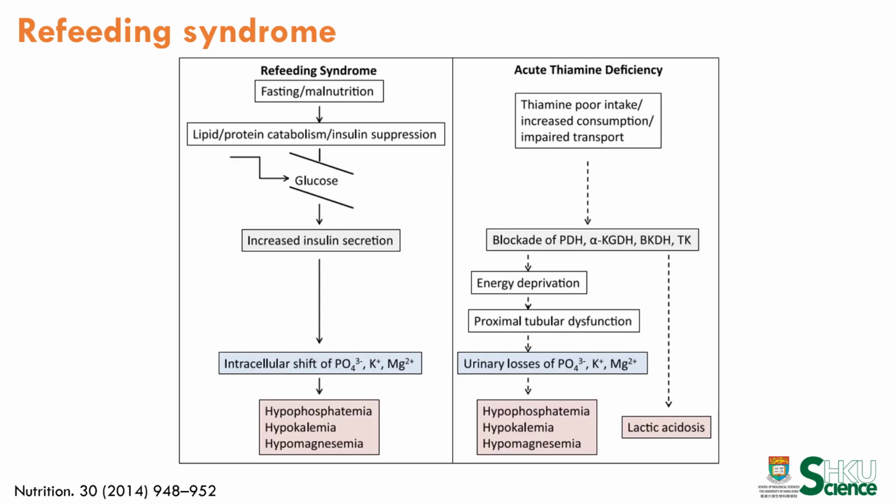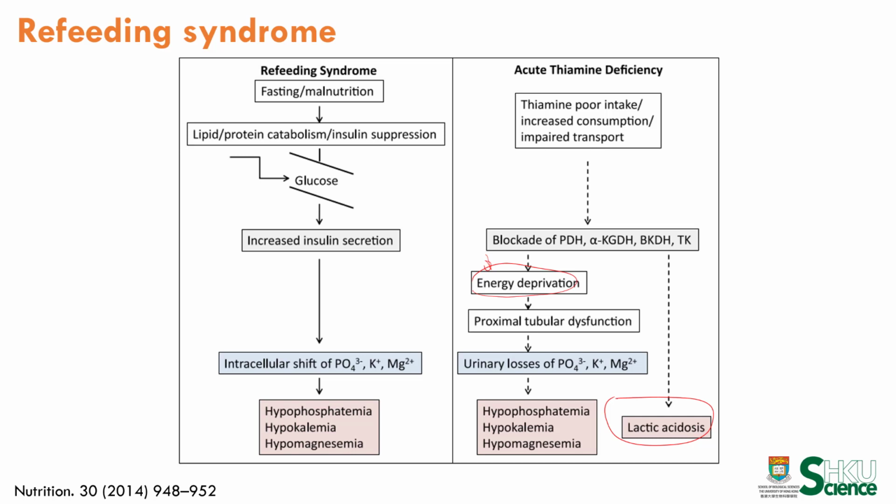What thiamine deficiency does is block all the enzymes that require thiamine. This person having food intake is unable to make use of the food as fuel for energy production, which will then lead to lactic acidosis, as we mentioned, because pyruvate dehydrogenase doesn't work. So you have an influx of glucose.